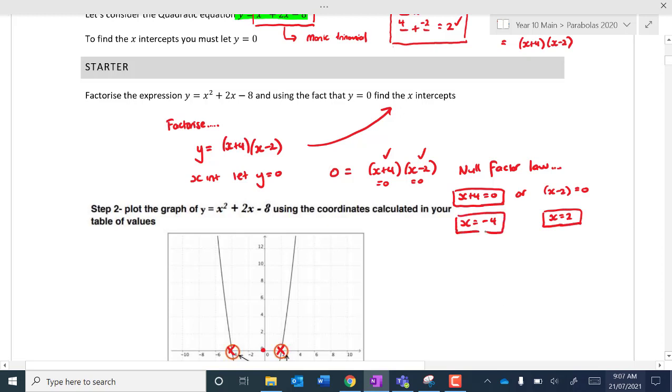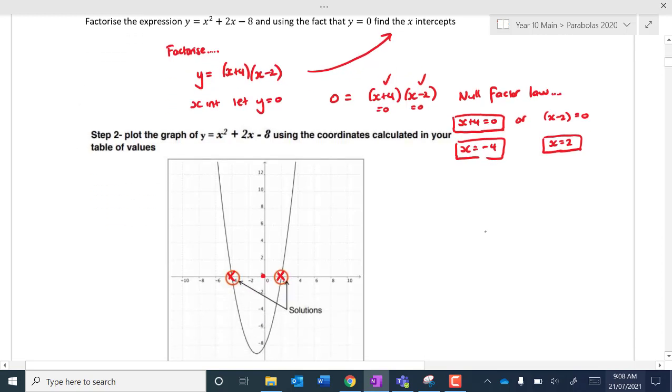So what do we need when we're sketching a graph? Well, first of all, we need the shape, which is basically a parabola. In our parabolas self-directed task that we've just done, it could look like this or this.